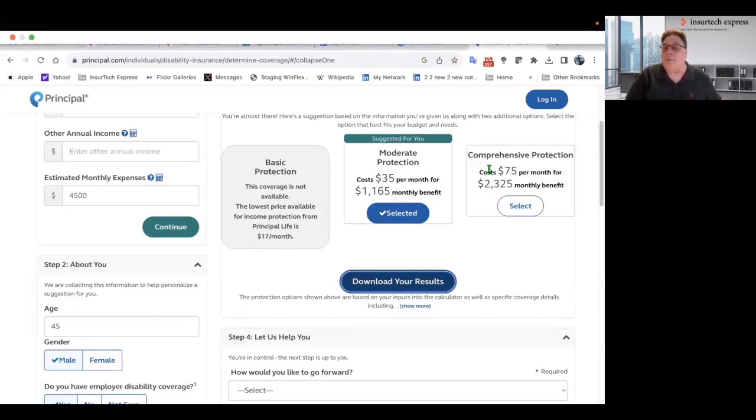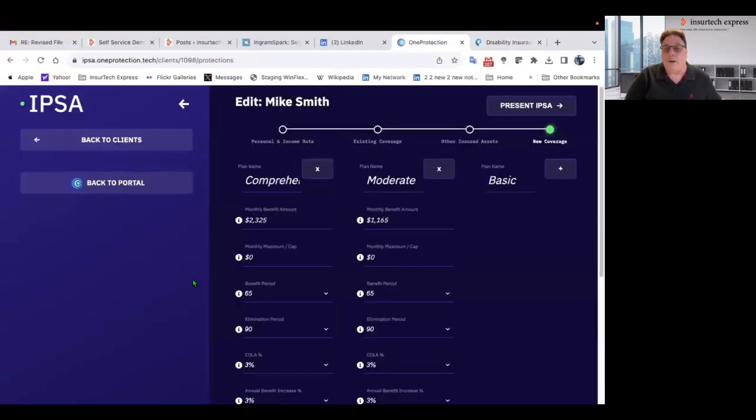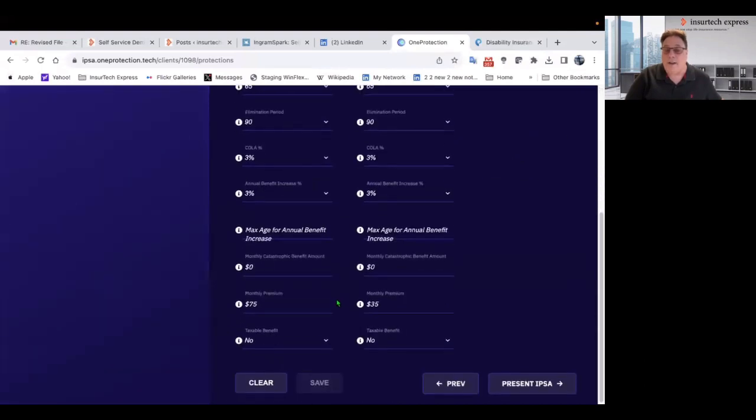And for the comprehensive, it's a $75 a month premium for a $2,300 a month benefit. So with that information, I ran that on the carrier's website. I now go back to OneProtection and I enter all that information in here. We're now ready to show the presentation.